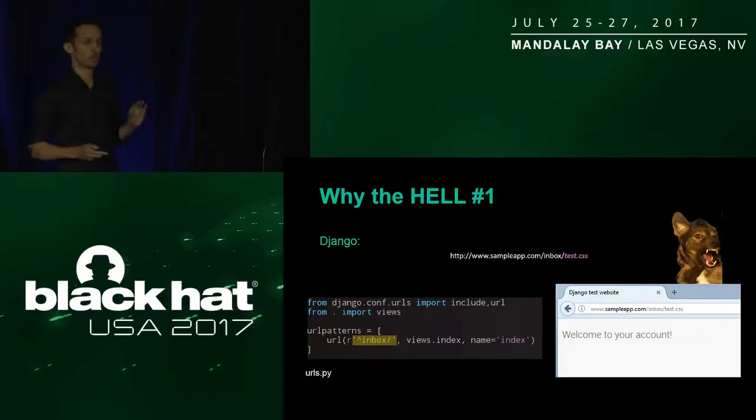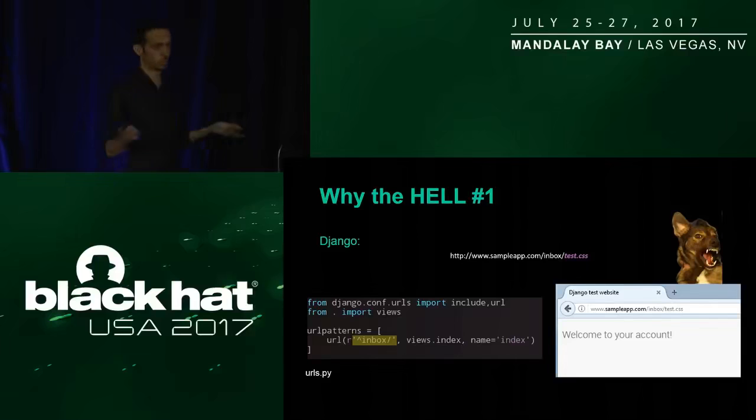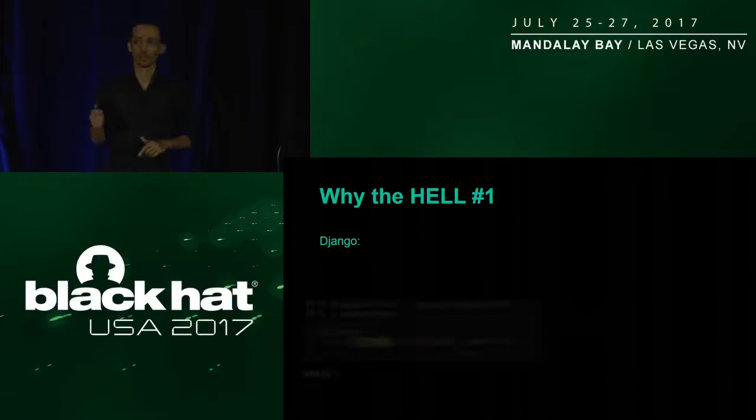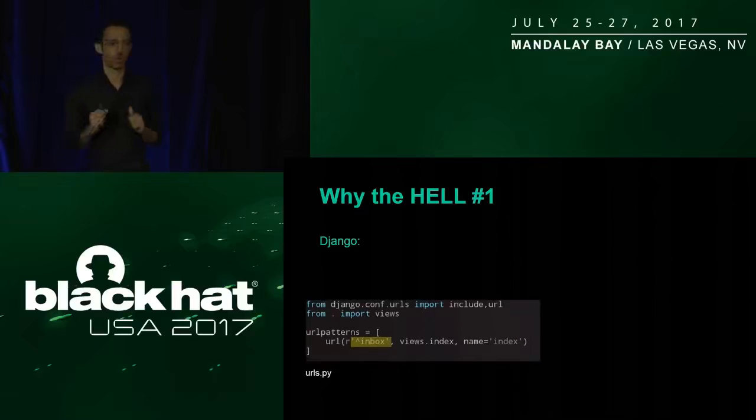Now let's see another example of a poor configuration of this regular expression that works for a Django application, and it can assist attackers to create even less suspicious triggering URLs. So what happens if this is the regex that is used by the Django application? I just remove the trailing slash after the inbox.